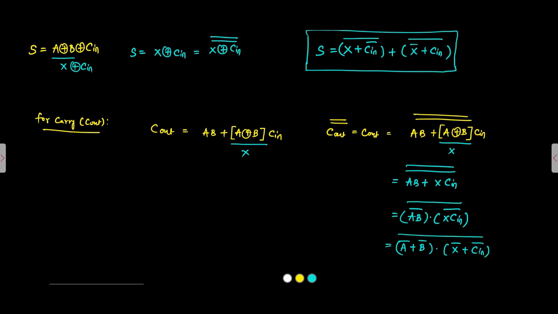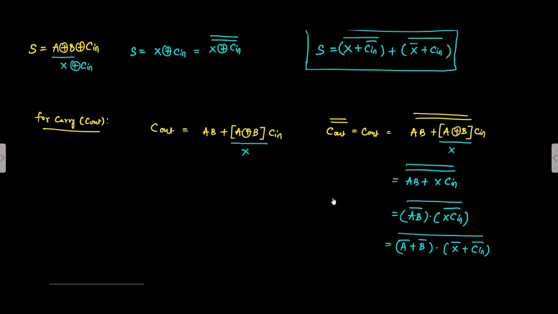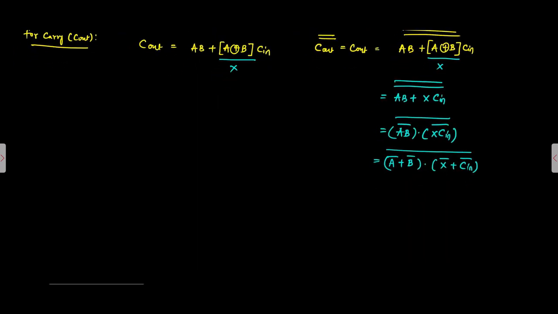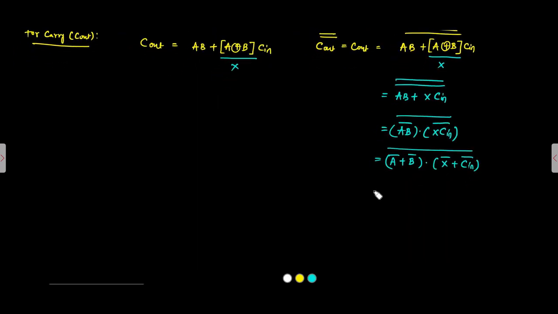Again applying De Morgan's theorem here, we'll get (A bar or B bar) whole complement or (X bar or Cn bar) whole complement.